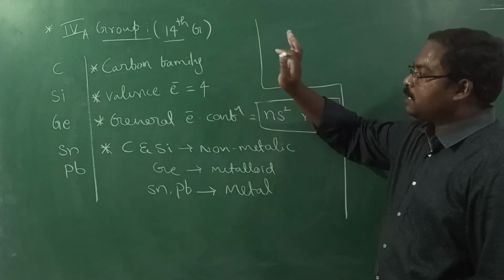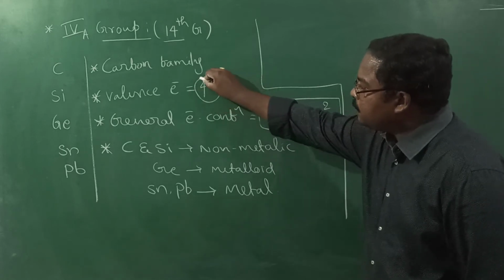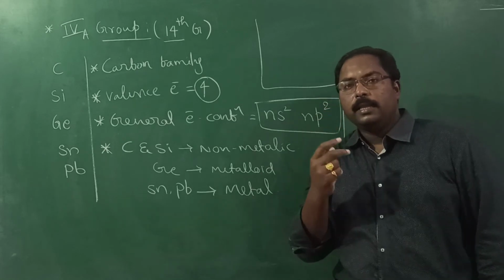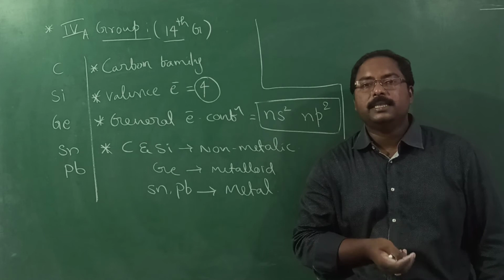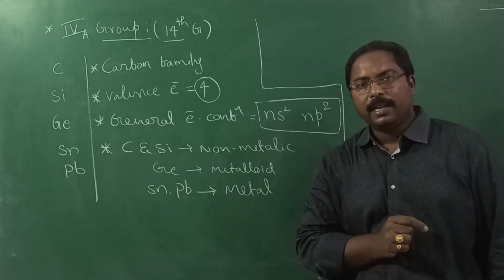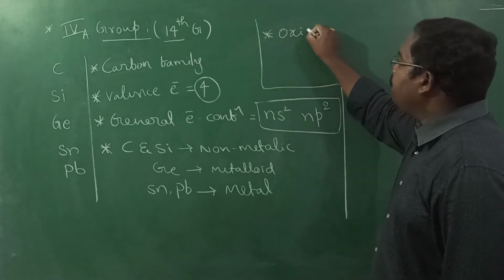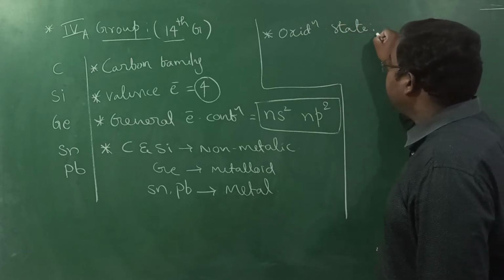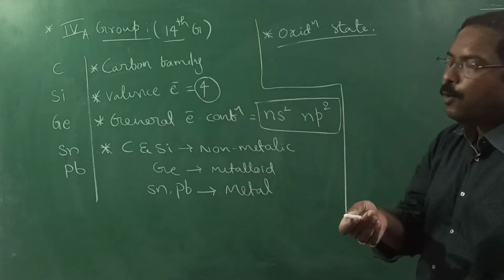If you observe this, they have 4 electrons in the valency shell. So how will they get stability? We know the element gets stability by getting an octet configuration, which means they need to get 8 electrons in the valency shell. Already they have 4, so they need to gain 4 more.